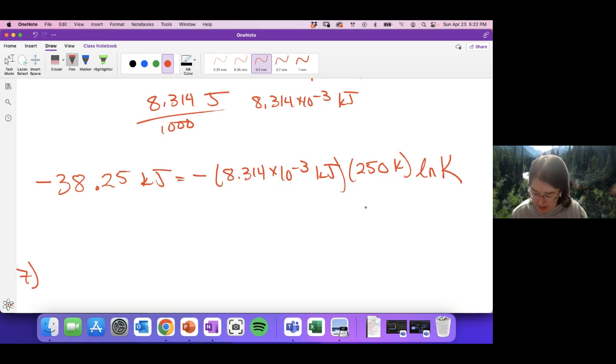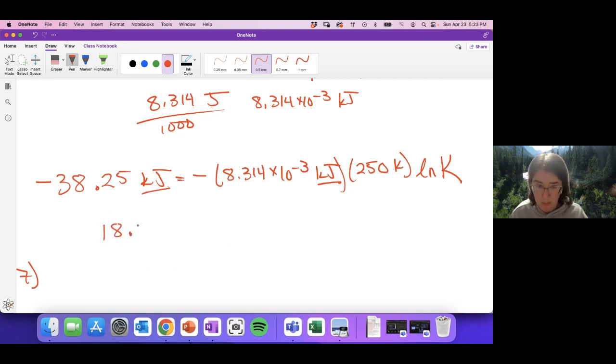Now when I do this math, because both of them changed, I still have that factor of 1,000. I just have to make sure that I put all of it into my calculator correctly, but I should get the exact same number that I did before. So now two negative signs cancel out.